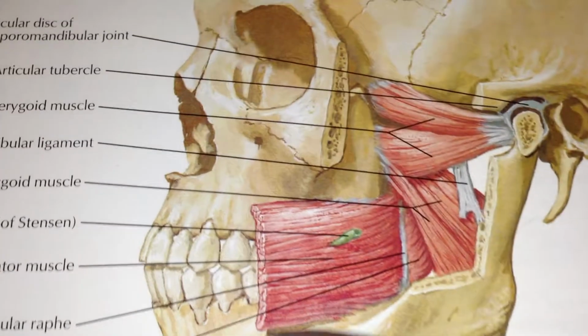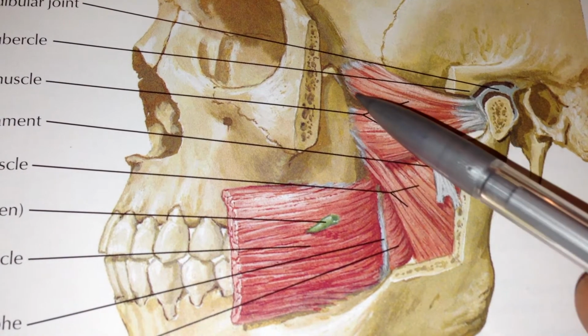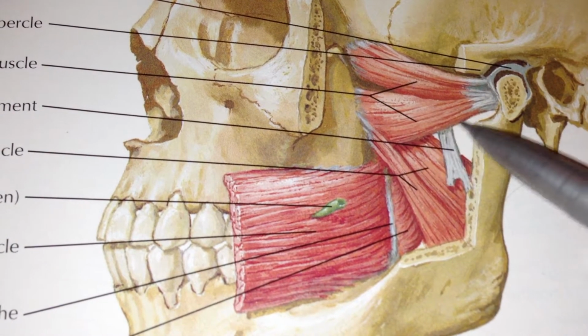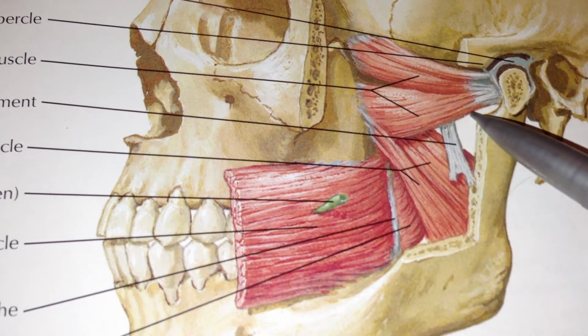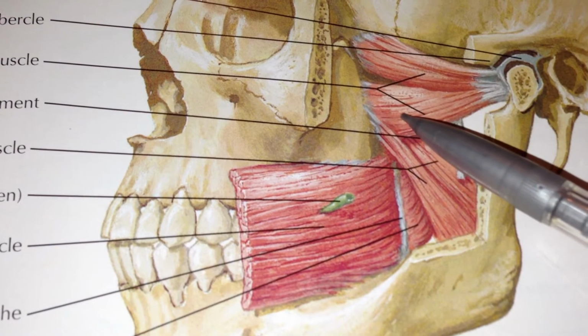And then we will continue upwards, and we will visualize the lateral pterygoid. As you can see, the lateral pterygoid runs at a right angle to the medial pterygoid, and the lateral pterygoid has 2 heads, a superior head and an inferior head.